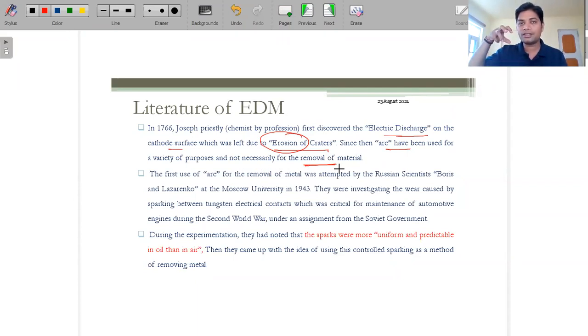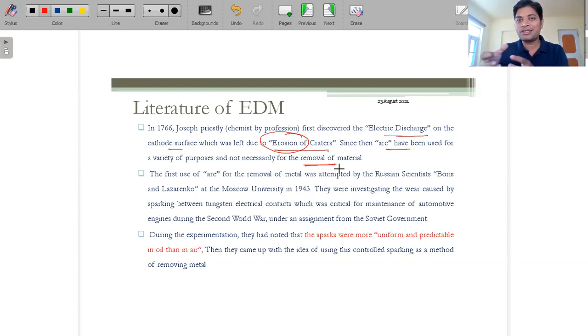He was thinking that an arc is being generated. Whenever you start an engine, say a petrol car for example, we use a spark. This spark is generated using the electric battery only.